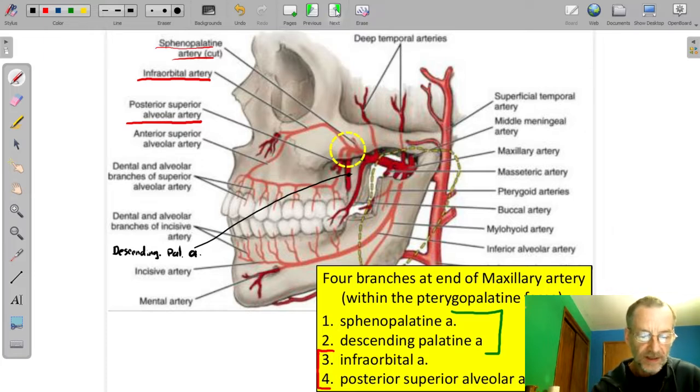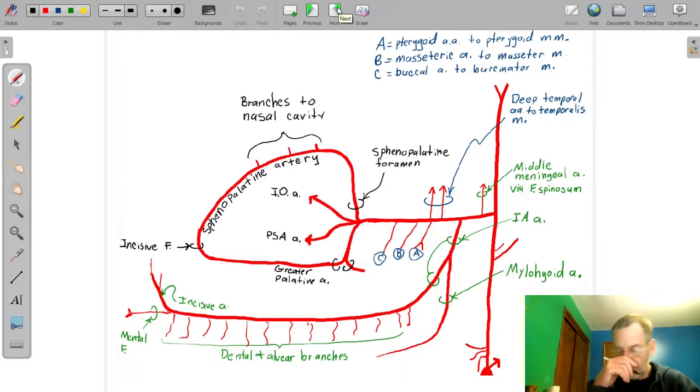So let's look at this in a different way. Here's a sketch that I made up. The green is the first part of the maxillary artery, those branches. So again, we have the middle meningeal, and then we have the inferior alveolar and the mylohyoid, showing the dental and alveolar branches.